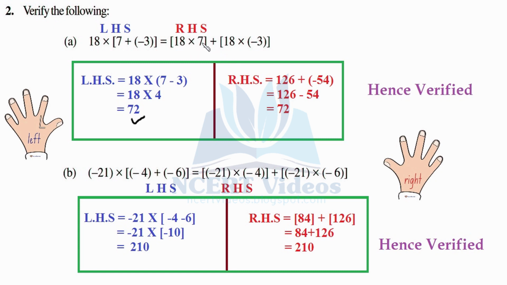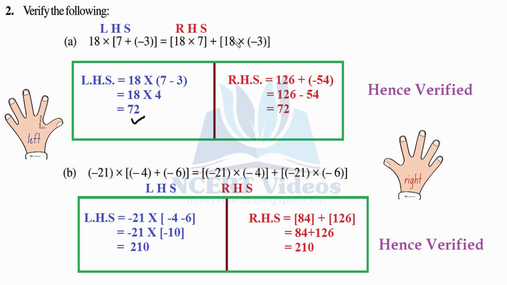Now right hand side. First we will multiply it. It is preferred to learn tables till 20, but you can also multiply it. 7 8s are 56. 5 carry. 7 plus 5 is what? 12. So 126. Now here plus sign as it is, solving it. 18 3s are 54. Then plus minus is minus.